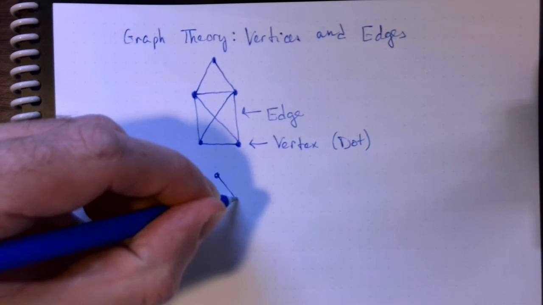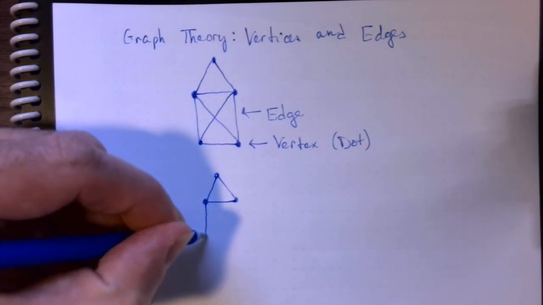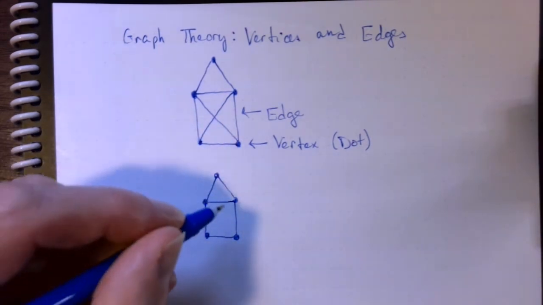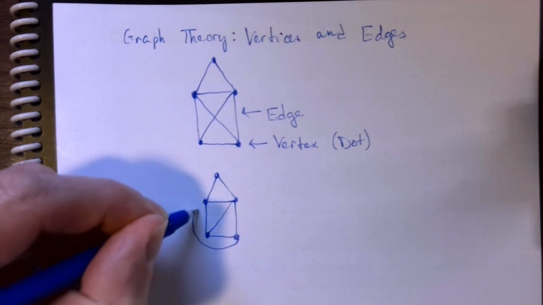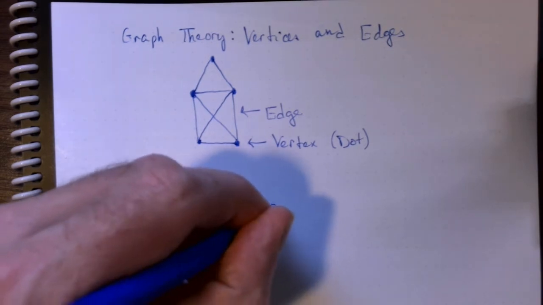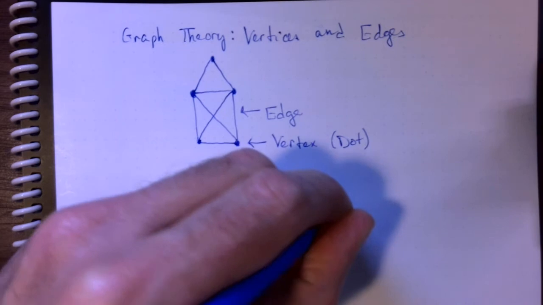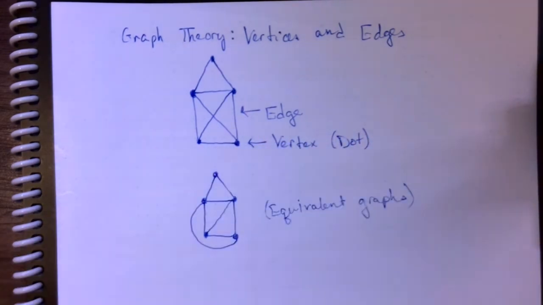Remember, when we're talking about graph theory, we're talking about connections, not necessarily how they're connected, but that they are connected. So instead of cutting right through here, I could just say, okay, there's your connection. So those are equivalent graphs.